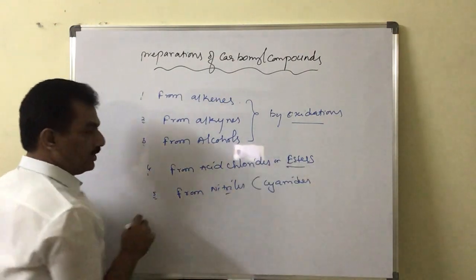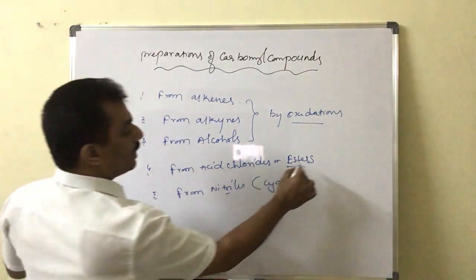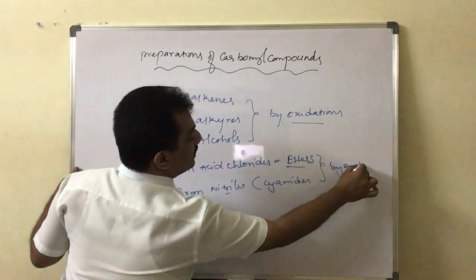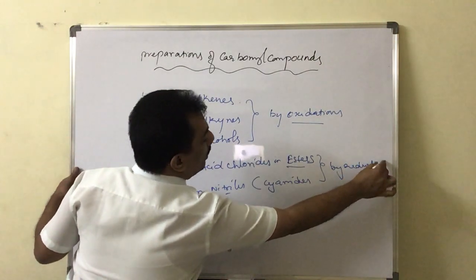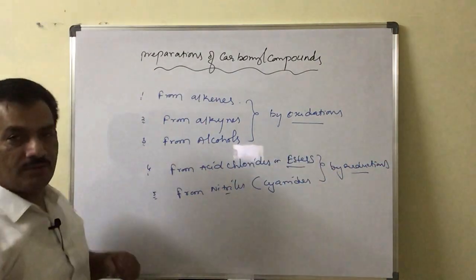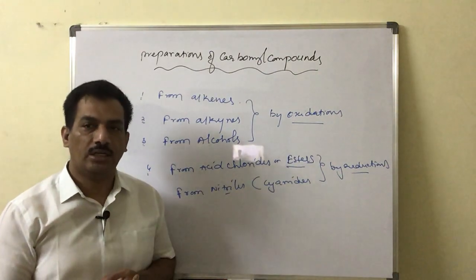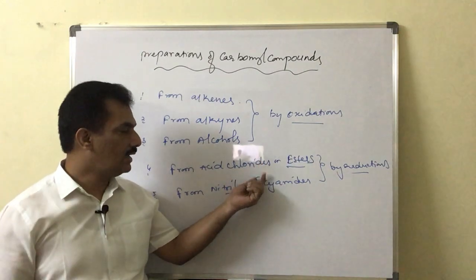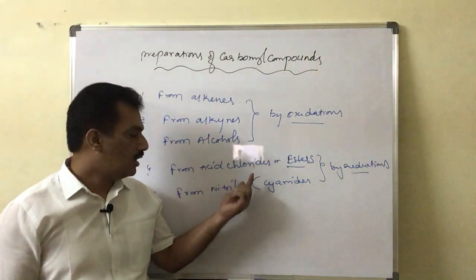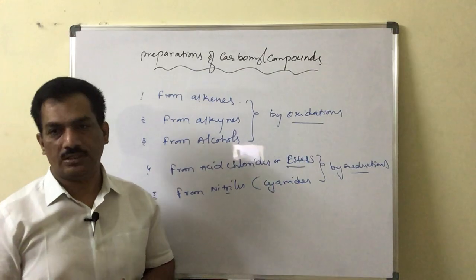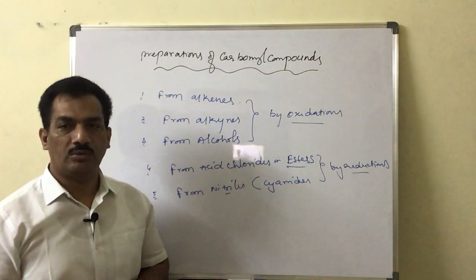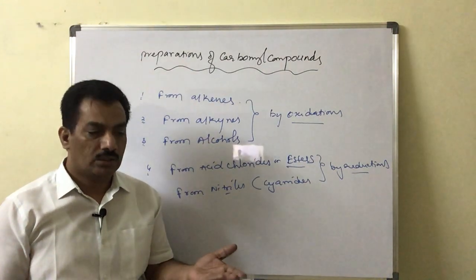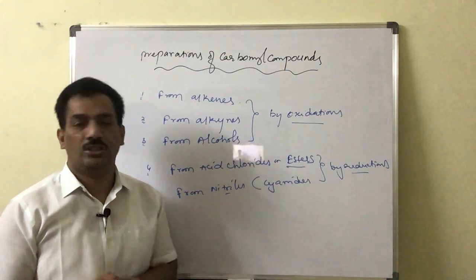These are acid derivatives, and hence here what we are using is reductions. Here also just remember, there are different kinds of reducing agents, and we have to select which reducing agent is suitable in conversion of acid chloride into a carbonyl compound, or in conversion of nitriles, that is cyanides, into carbonyl compounds. Once we know the process, we should get the reagent involved in that process.